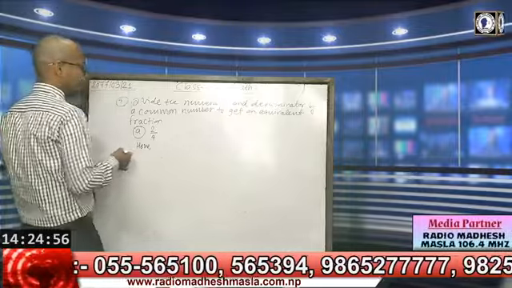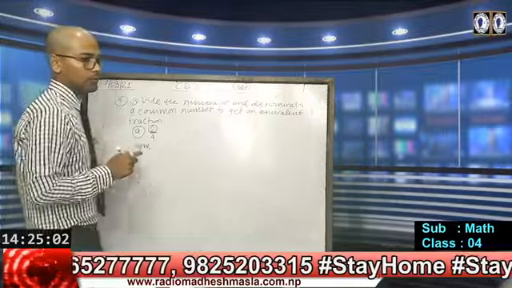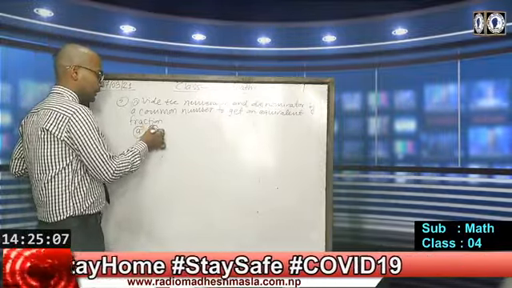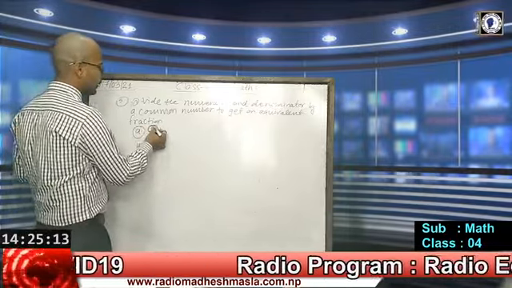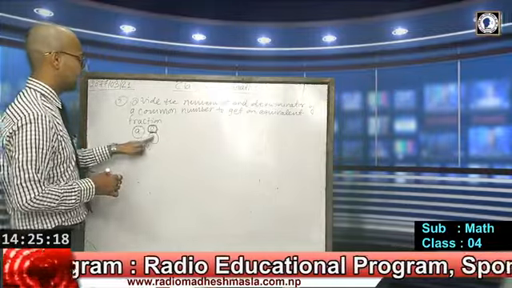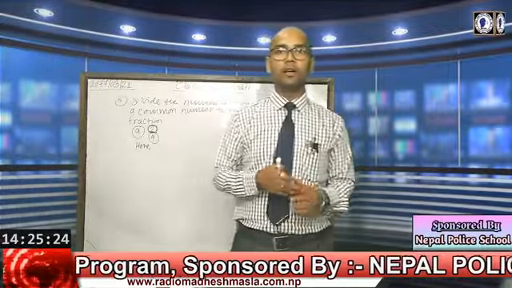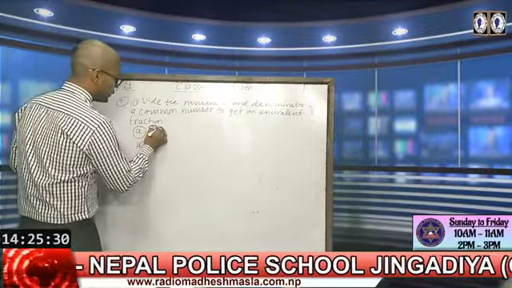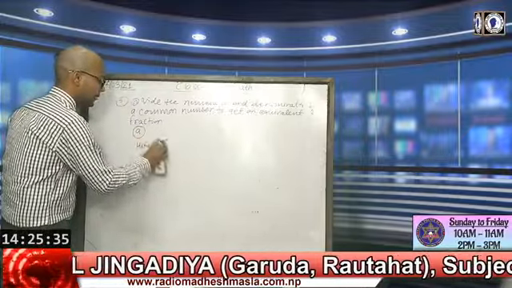When we read or write the table of 2, we get 1 two is 2, then 2 twos are 4. It means 2 is common in both 2 and 4.